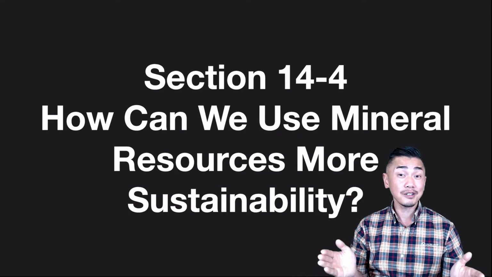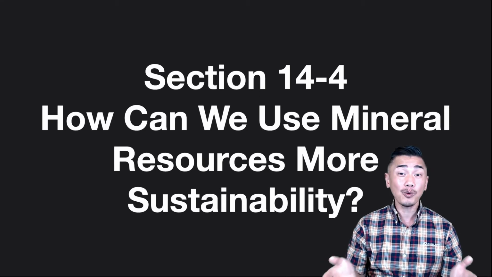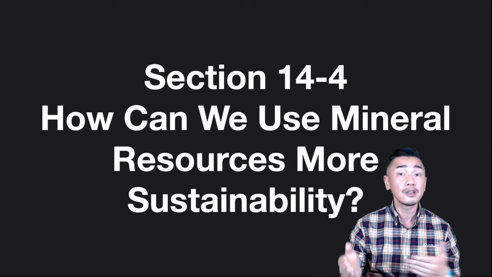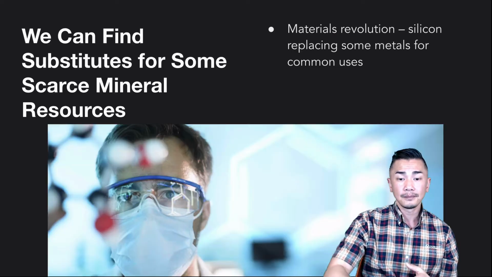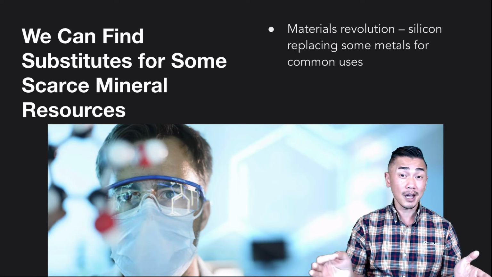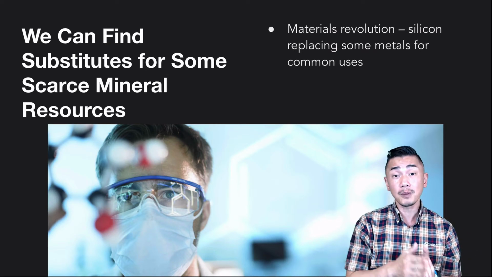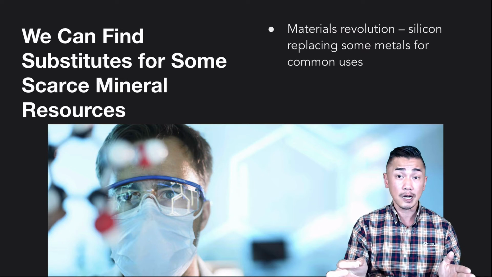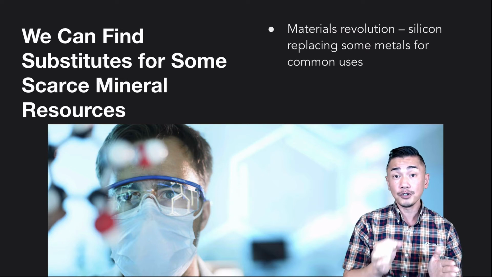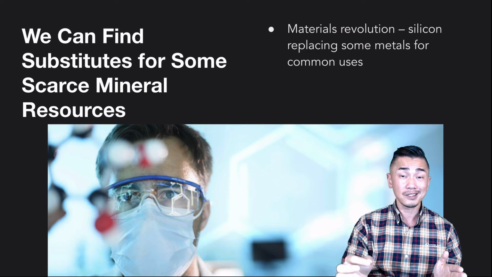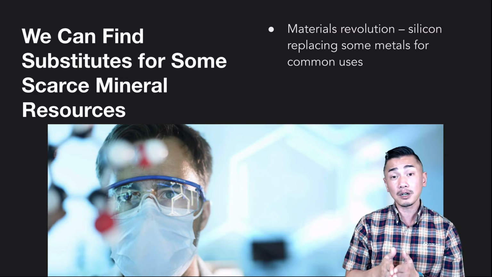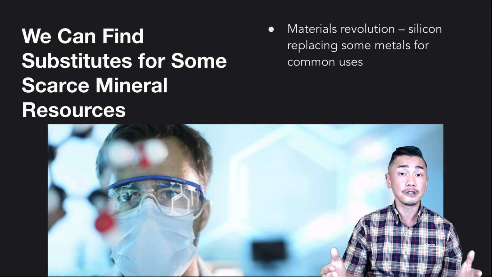In section 14.4, we're going to talk about how we can use mineral resources more sustainably. One way we can extend the life of metal resources is by using substitutes like silicon. The development of new materials to replace metals in some instances has been called the materials revolution.